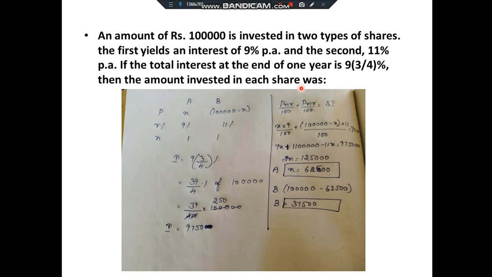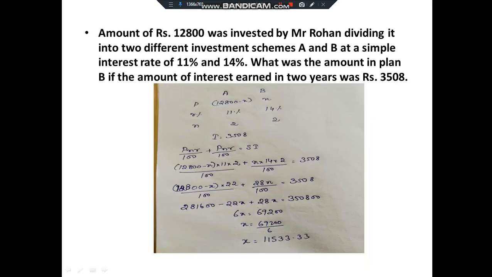So it is to your convenience. You can take either A scheme or B scheme as X and the other as 1 lakh minus X. Okay, it is up to you. I have taken A as X and B as 1 lakh minus X. So on substituting, you get one value as 62,500 and B value as 37,500. I hope you understand. See the next question.